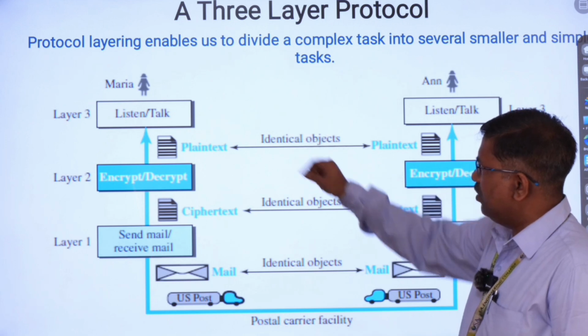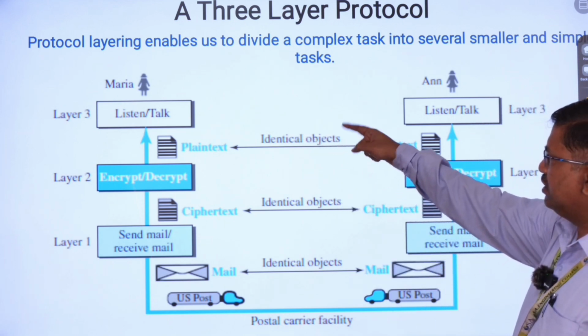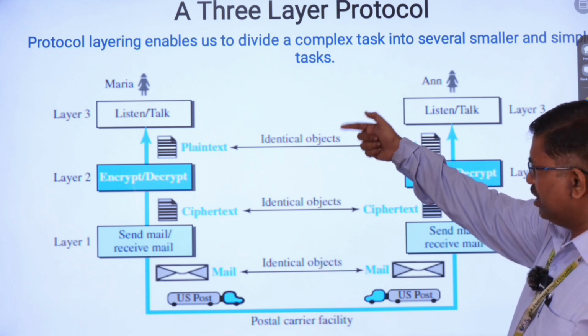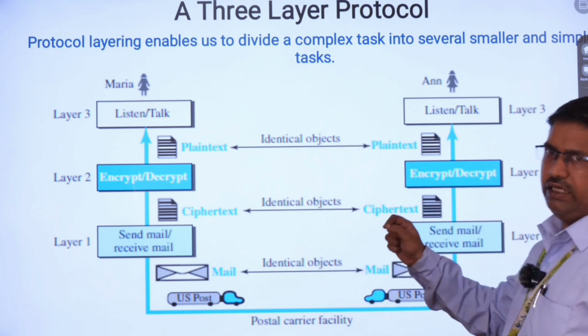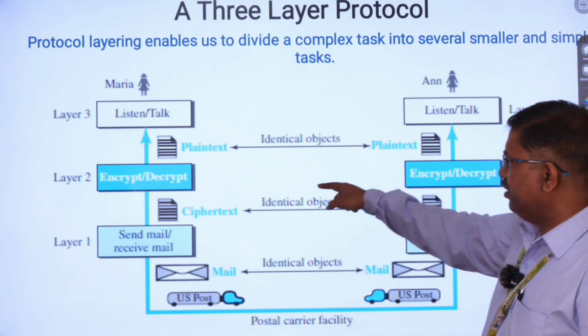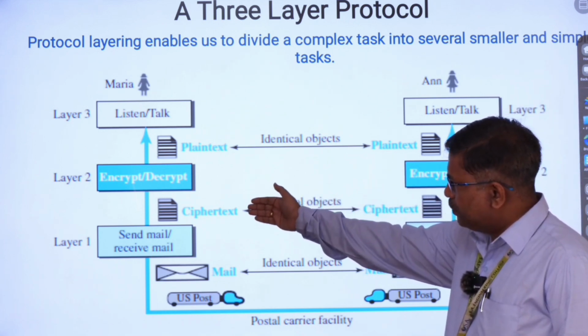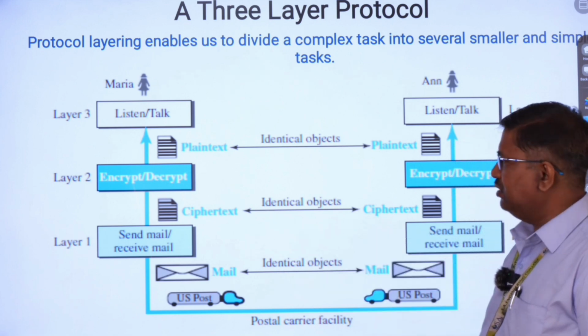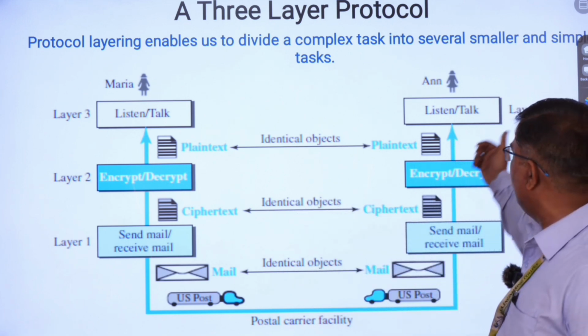First, Maria talks to the device, which listens to Maria, and that is transferred to layer 2. In layer 2, the encryption and decryption will be done, and then the information is passed on to layer 1. Here, the processed data is what will be sent to Anne.